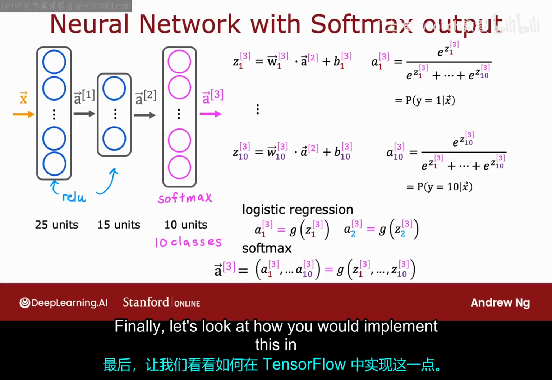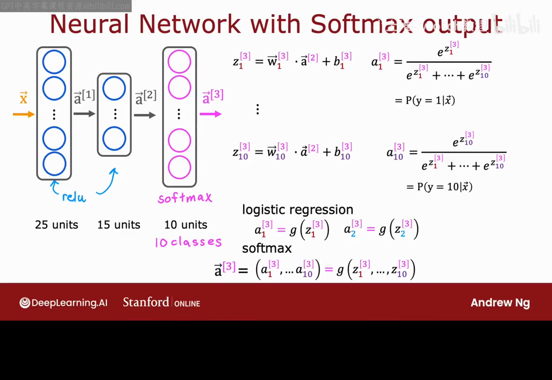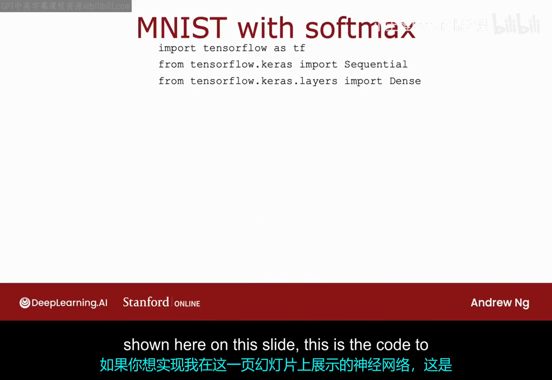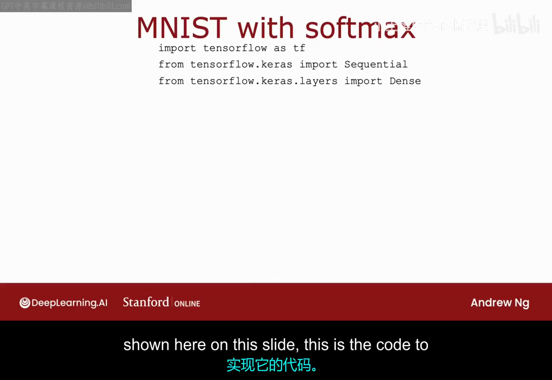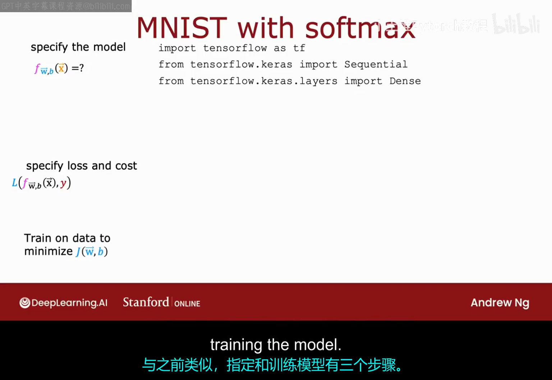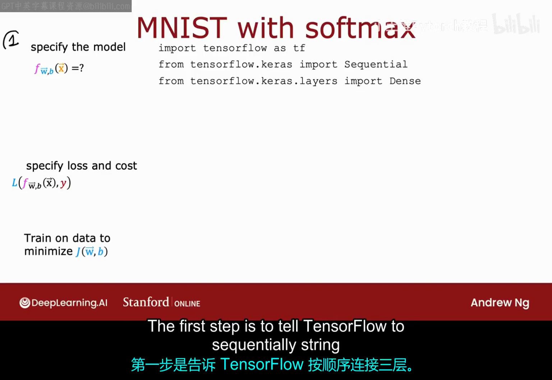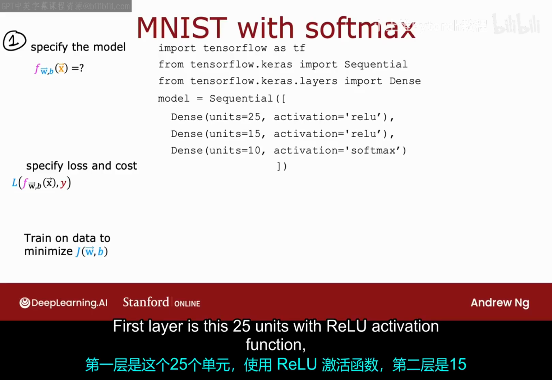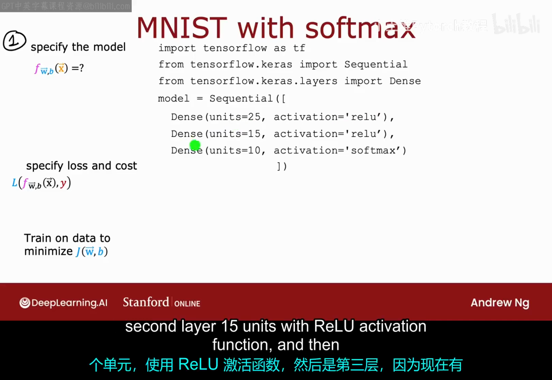Finally, let's look at how you would implement this in TensorFlow. If you want to implement the neural network that I've shown here on this slide, this is the code to do so. Similar as before, there are 3 steps to specifying and training a model. The first step is to tell TensorFlow to sequentially string together 3 layers. First layer is this 25 units with ReLU activation function. Second layer, 15 units with ReLU activation function.